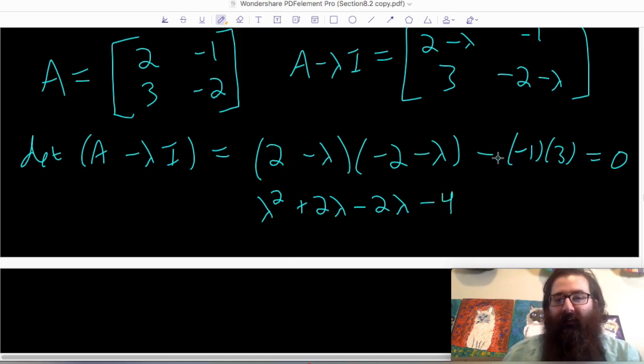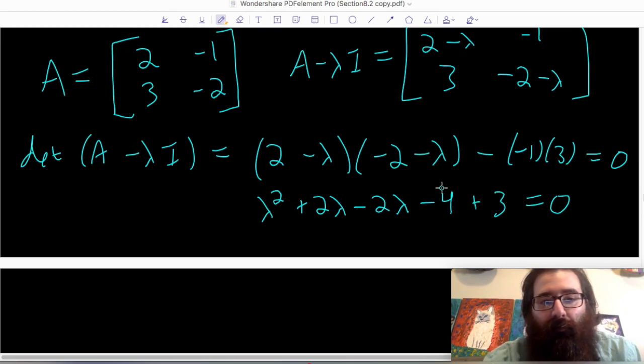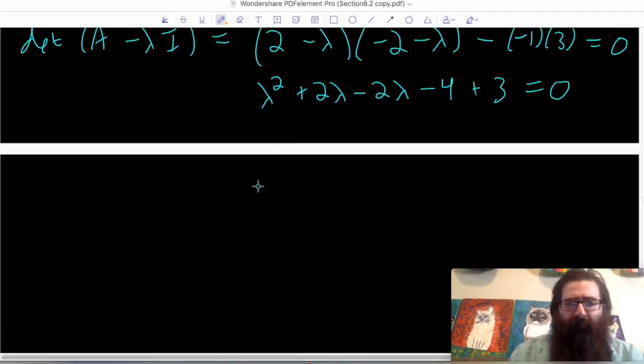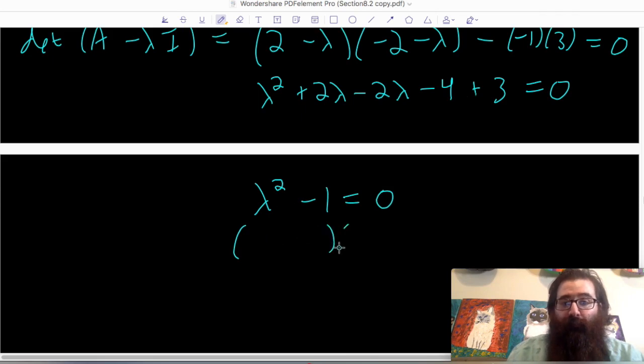And here I have minus and negative gives me plus, and then 1 times 3 gives me 3, and then equals 0. Let's combine our like terms. Here we get lambda squared. 2 lambda minus 2 lambda cancels, so that's gone. And then -4 plus 3 gives me -1, equals 0. And this will factor as a difference of perfect squares.